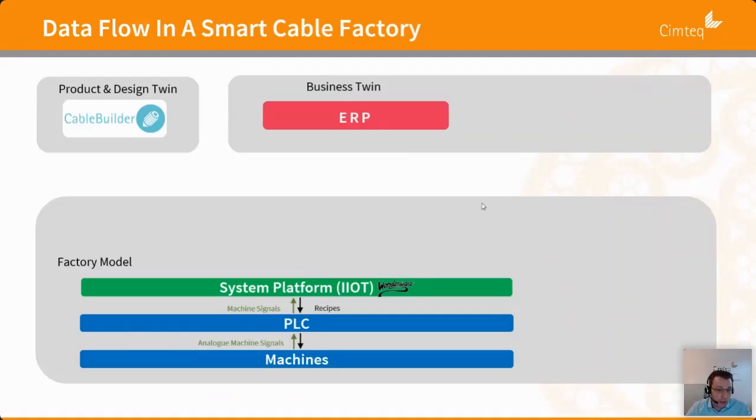And in the factory, it's also quite complicated. But if we want to simplify things, make it understandable, basically we're talking about the machines that provide analog data or raw data to the PLCs. The PLCs then can interact with a SCADA type platform or IoT.